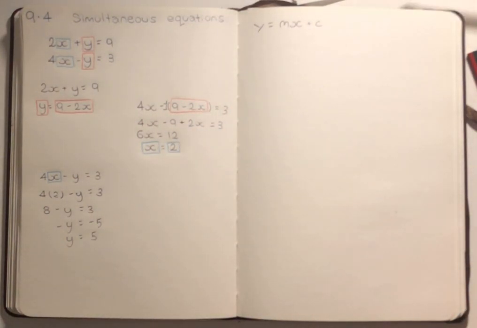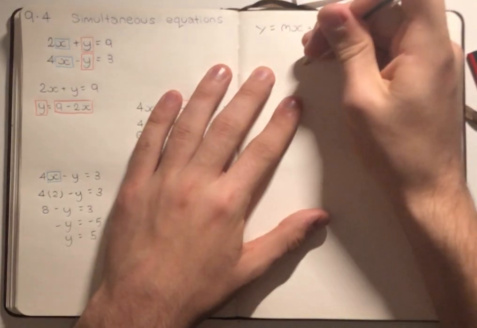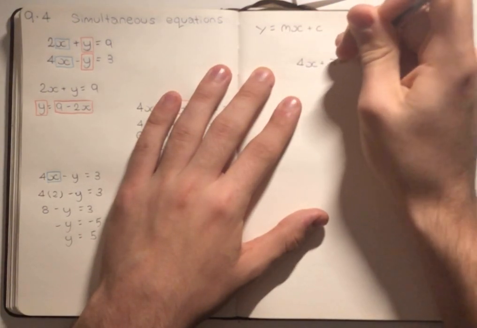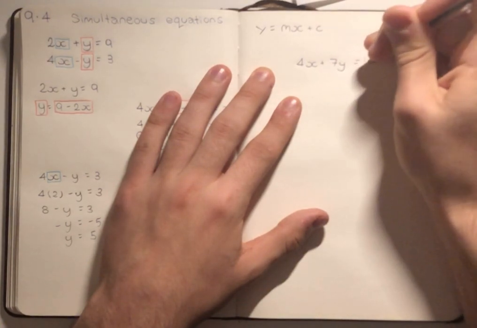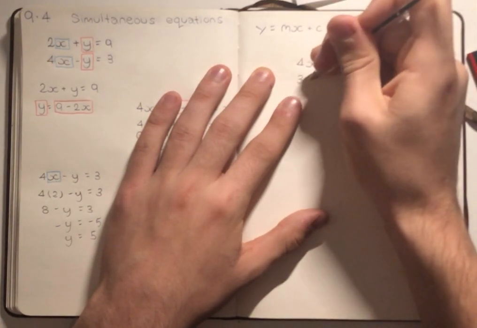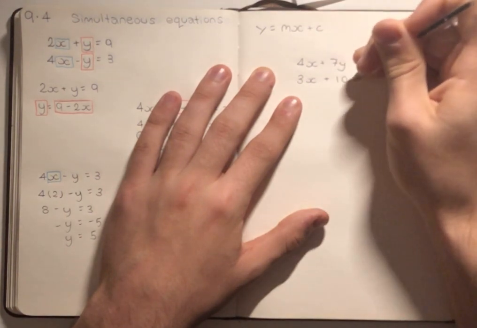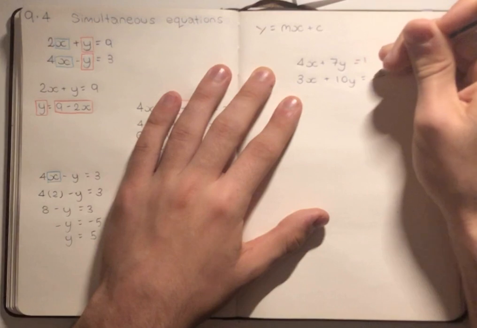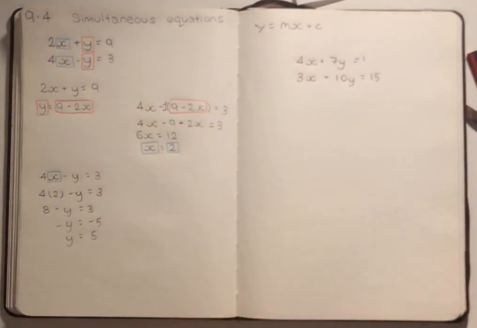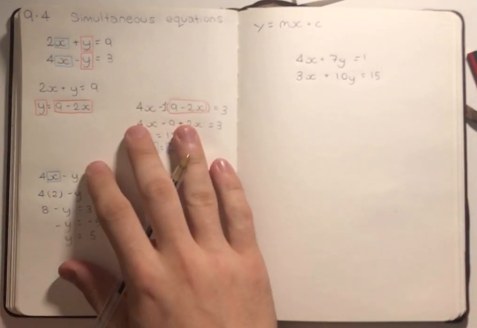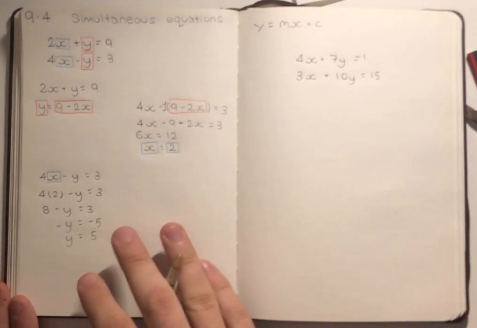So the example I have here: 4x plus 7y is equal to 1, 3x plus 10y is equal to 15. Now we're going to solve this a little bit differently to the previous, simpler simultaneous equations.